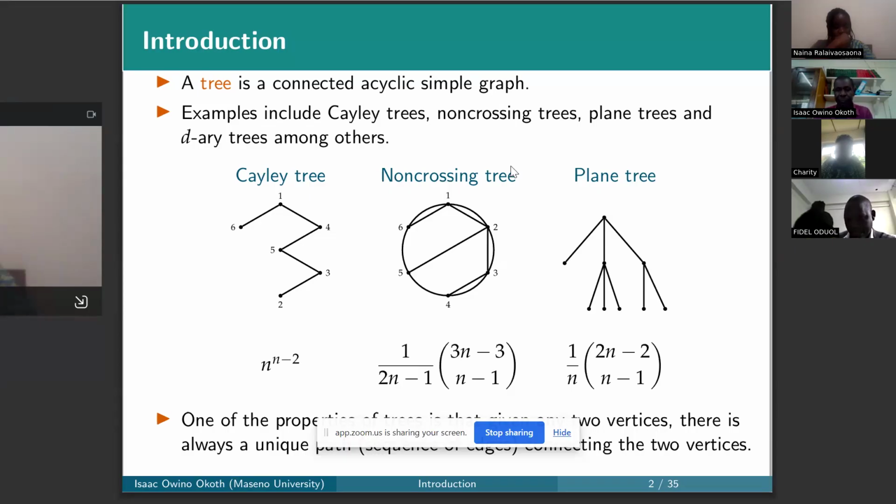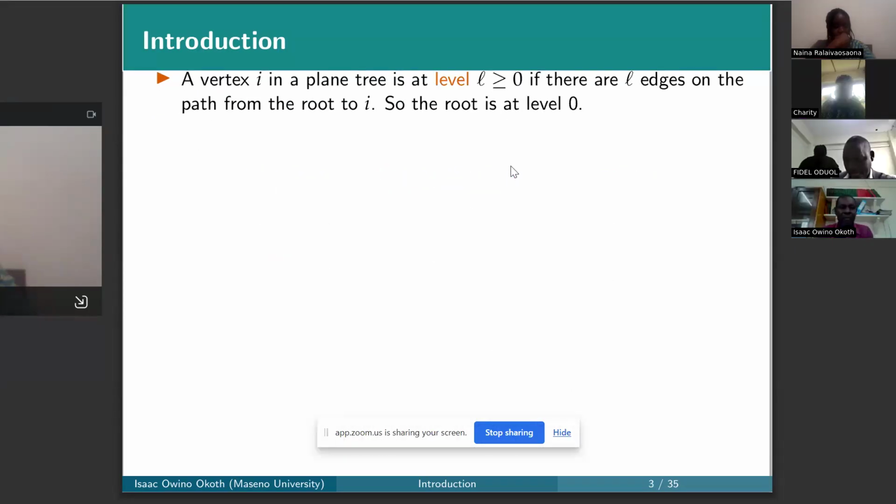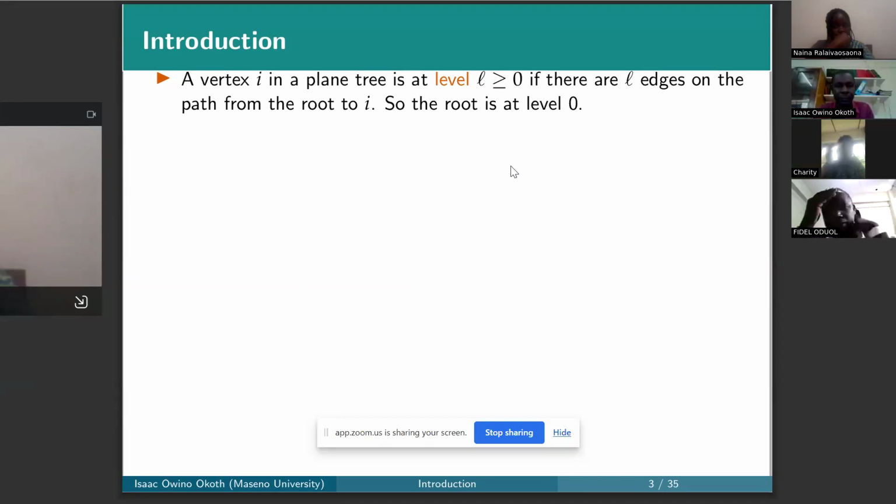So a vertex i in a plane tree is said to be at level L if there are L edges on the path to the root. And by that sense, the root is at level 0.